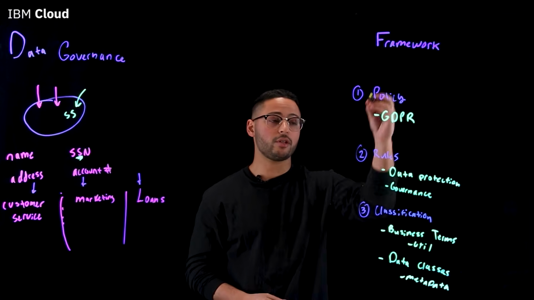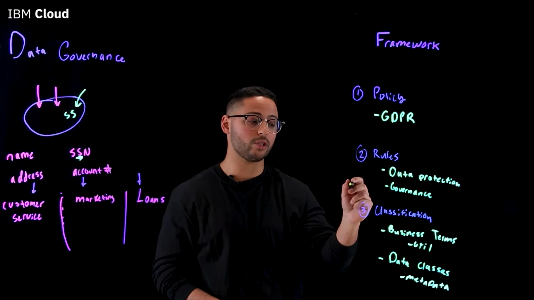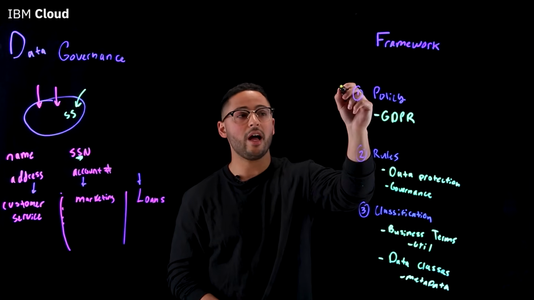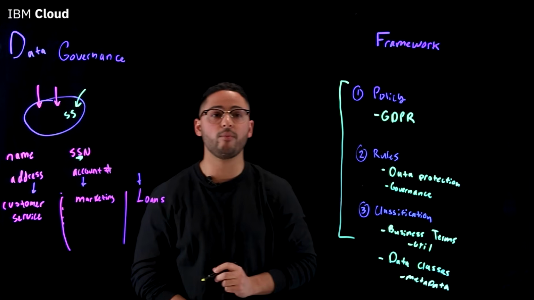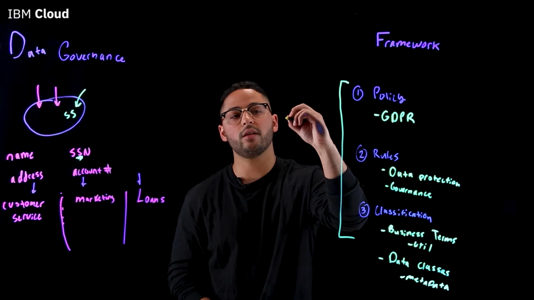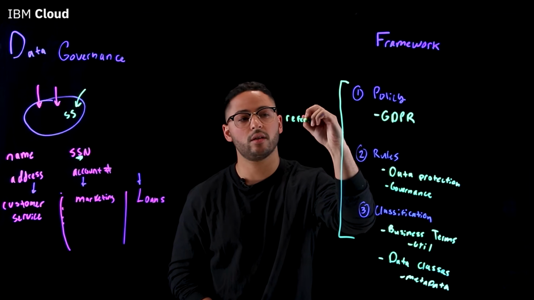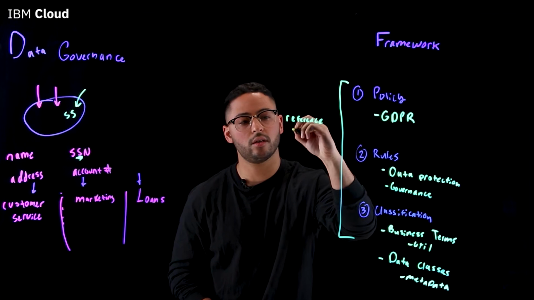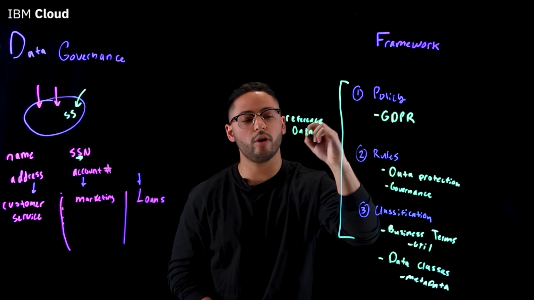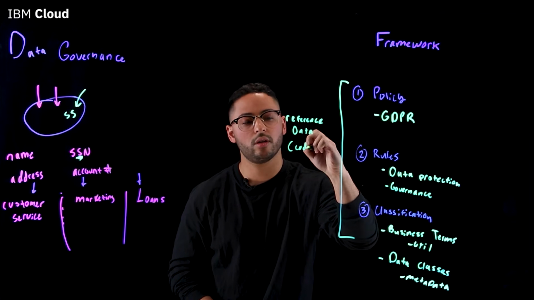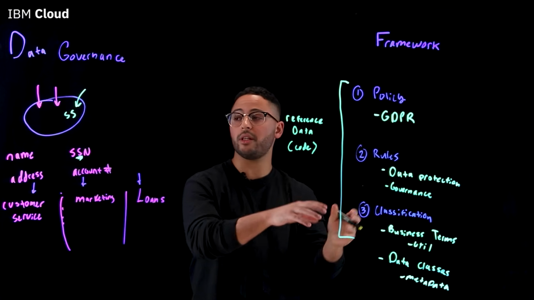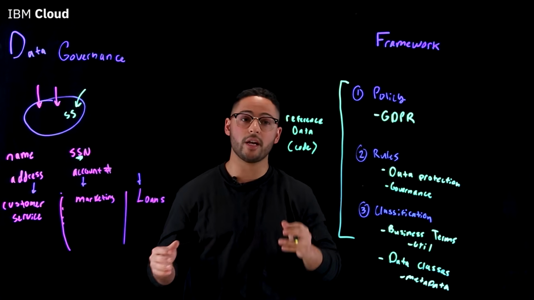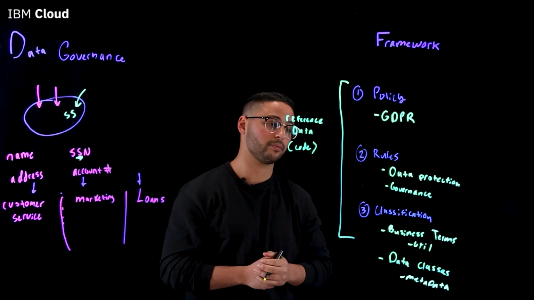So with this framework in place, with the right policy, rules and classification in place, I have the base of my framework that can be automated through reference data, which is another word for code that I can implement throughout this architecture and automate the movement of data throughout.